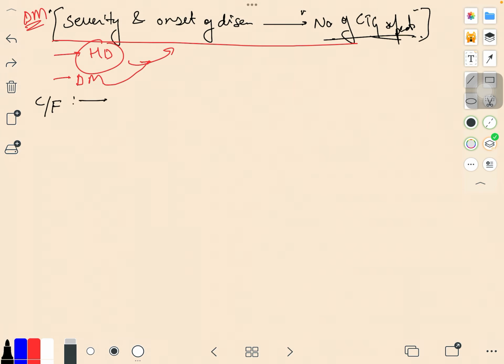Now, because of atrophy in muscles, primarily the heart muscle will get atrophied and degenerated. Because of that, there will be heart blocks.